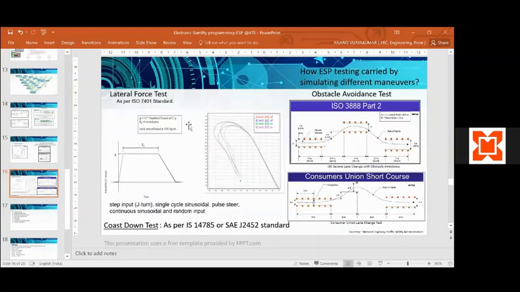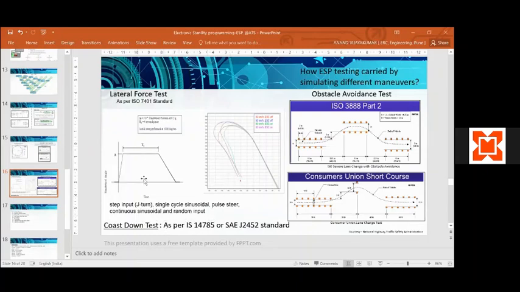Coming to the next test, the lateral force test, this is as per the ISO 7401 standard. Mainly this is for step input, a J-turn, a single cycle sinusoidal, a pulse steer, or continuous sinusoidal and random input.